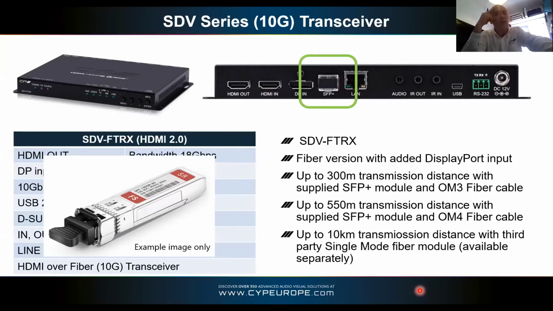If you do need to go a very long distance, you can get single mode fiber modules that are more expensive. Your average multi-mode one could be as cheap as £30 to £40 retail, but the longer transmission distances you get with single mode fiber, the more expensive they are. And you need a different type of fiber cable. But it's very easy to get transmissions up to 10 kilometers through that.